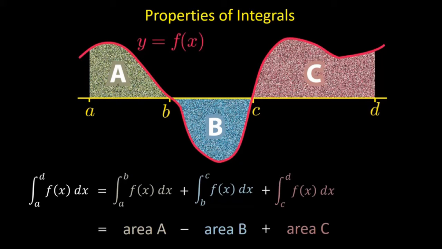So, in other words, if you integrate, what you're getting is the total area above the x-axis minus the total area below the x-axis. In this example, by the way, it looks like the total integral will be positive. There's more area above the x-axis than below the x-axis. In fact, it pretty much looks like the areas A and B probably just about cancel each other out.